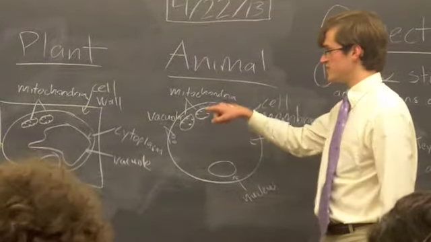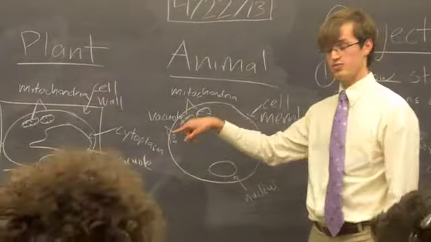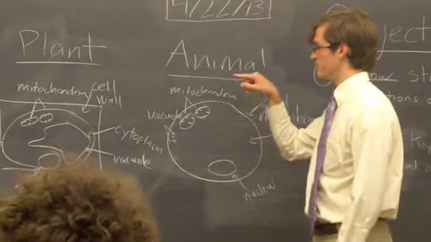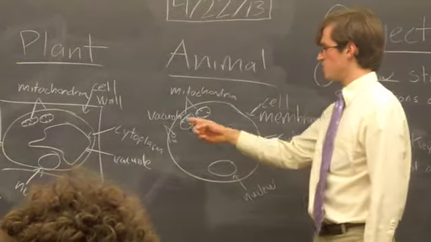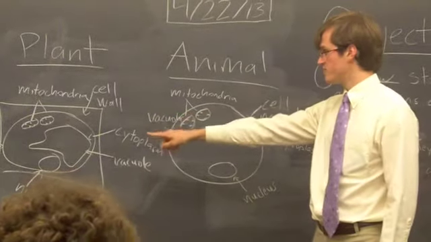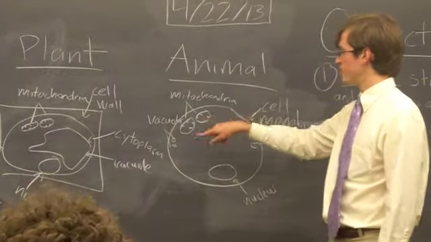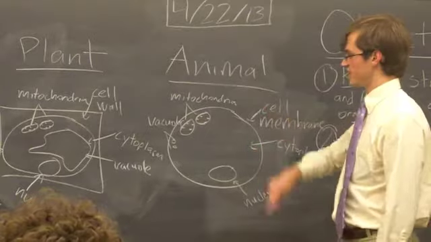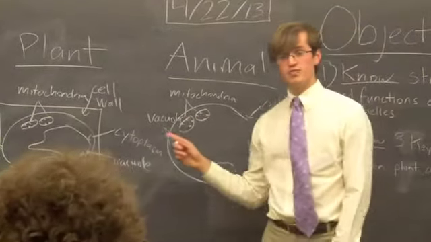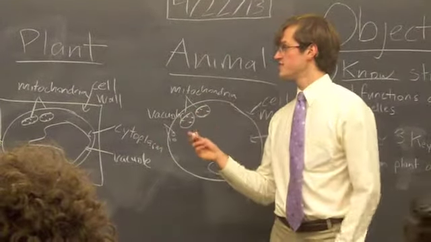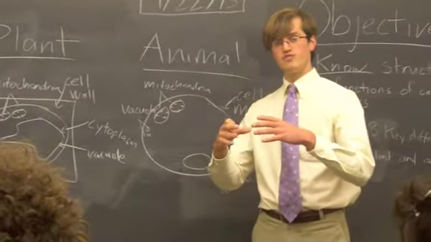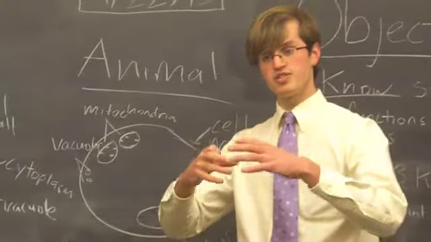So as you can see, the size and number of vacuoles is different between plant and animal cells. So there's one large vacuole in the plant cell and a few to many smaller vacuoles in the animal cell. And the reason for this is because plants really rely on a large vacuole to keep their structure, to stay stable.